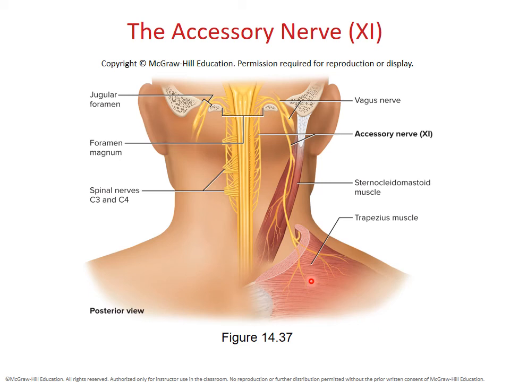So this is very different, first of all, because unlike the other cranial nerves, it's not serving completely local tissues up in the head and neck, obviously extending down to a trunk muscle. And again, the vagus is the only other cranial nerve that really moves away from the head and neck region. So it's different there. It's serving skeletal muscles that we conventionally would think would be served by spinal nerves.